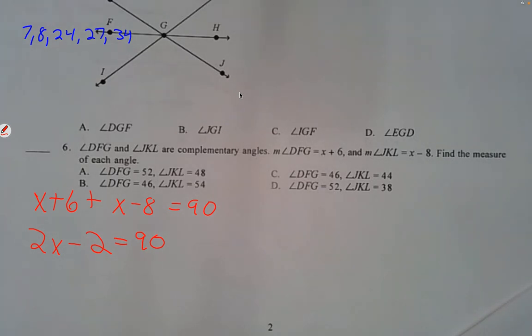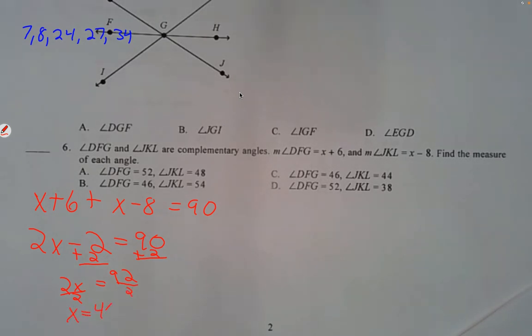Now we shall start moving things around. Okay? So what's the opposite of minus 2? Plus 2. So both sides of that equal sign. So 2x equals 92. Then what do I do? Divide by 2.